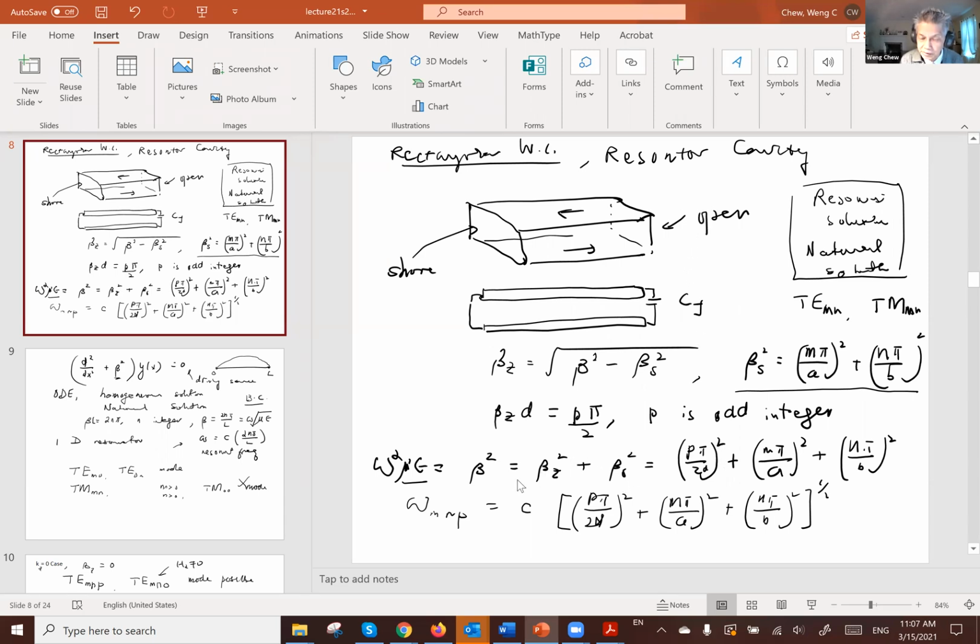The resonant frequencies that I have derived here is for an open circuit on this end. If I were to have a short circuit on both ends, then this just becomes P pi, where P is an integer. You can go through that thinking quite easily.